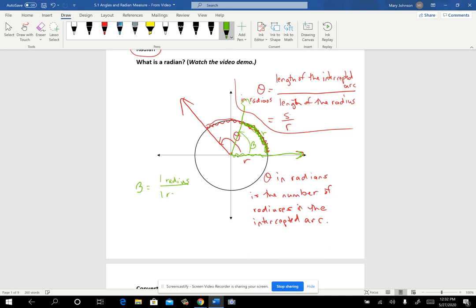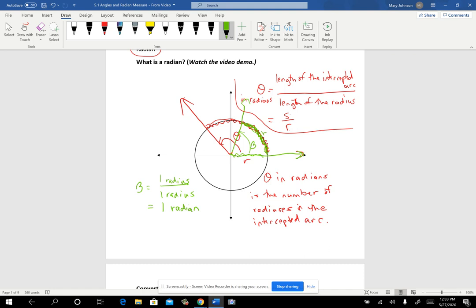And when you divide by the radius of the circle, see how you get 1? And it would be 1 radian. Okay, so when you take the length of the intercepted arc and you divide by the radius, that is determining the measure of the angle in radians. So we would say that would be 1 radian, okay, where the radius equaled the length of the intercepted arc. All right, so in this case, beta was 1 radian.